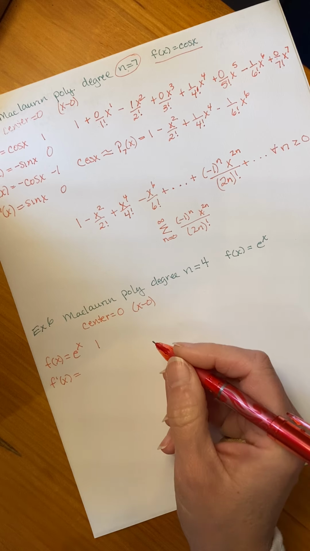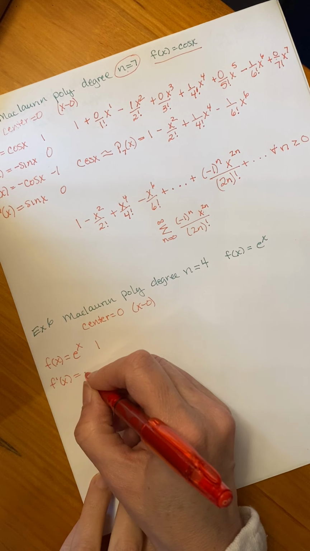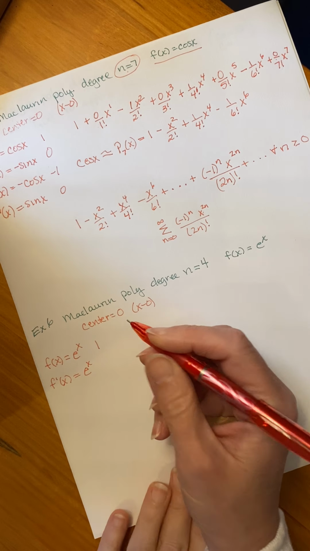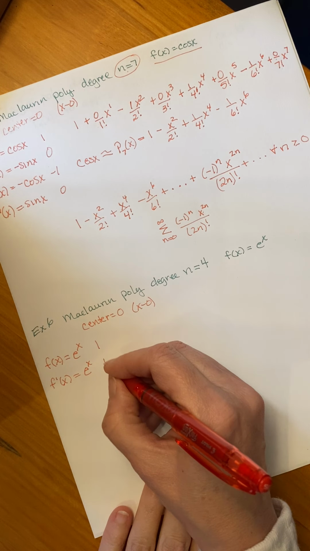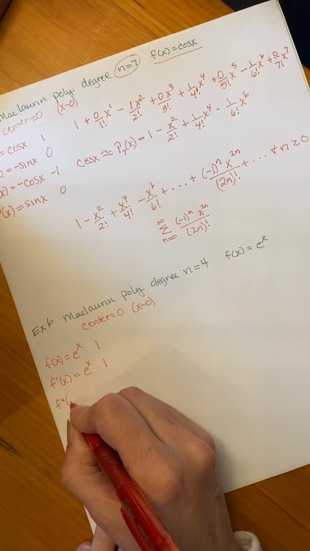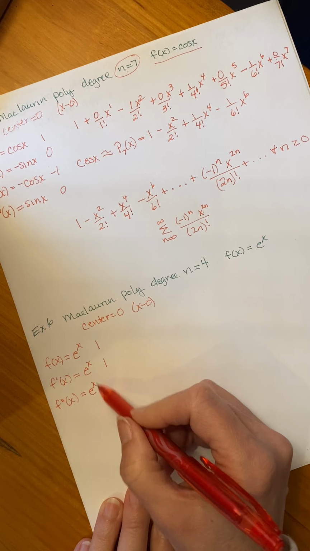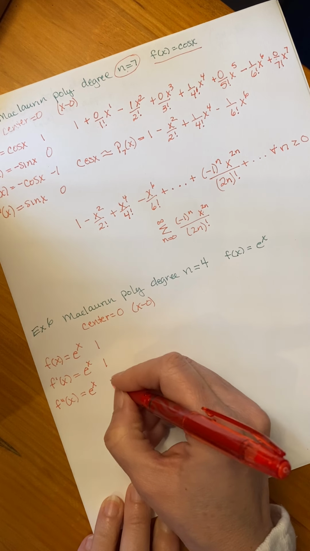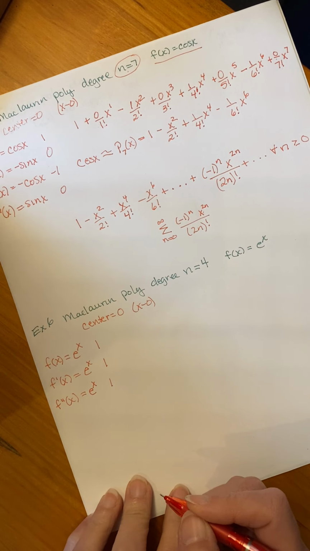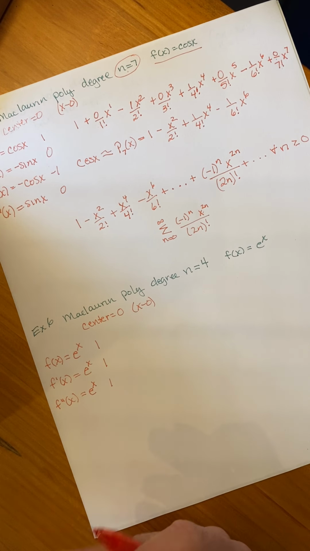What's the derivative of e to the x? Yes, I hear you. It's e to the x. And so we put a 0 in there and we get a 1. And this is starting to look a little bit redundant. Second derivative of e to the x continues to be e to the x. Put a 0 in there, we're going to continue to get a 1. Guys, I think I'm ready to write this polynomial.